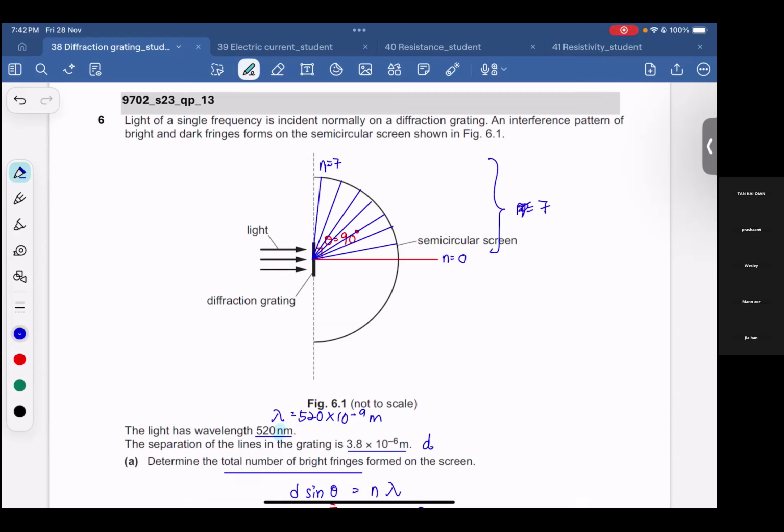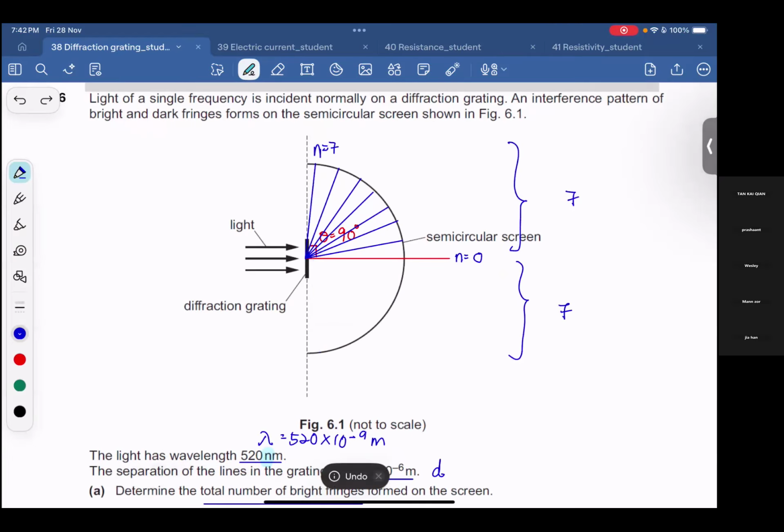Then the bottom part is the same, it will also get 7 until somewhere here. It's hard to draw. n equals 7.